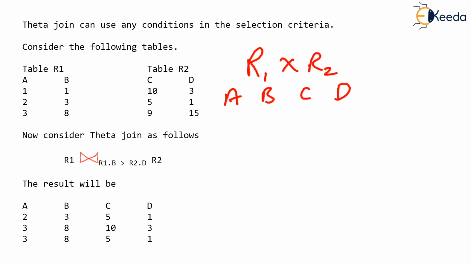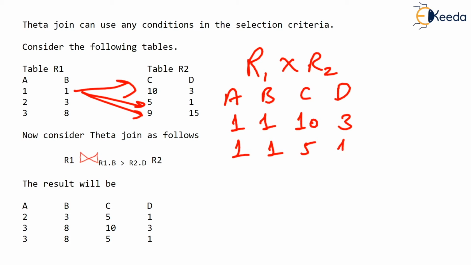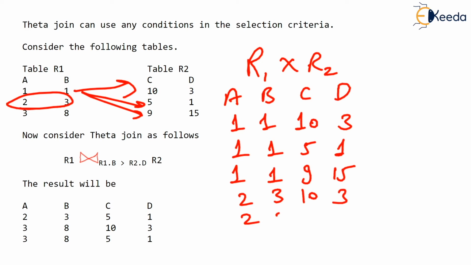I am just writing A, B, C, D. This is the result of R1 cross R2, where we get 1, 1, 10, 3 joined here, and here. So 1, 1, 5, 1, then 1, 1, 9, 15. Similarly, this row of R1 will be joined with all other rows. So it will be 2, 3, 10, 3, 2, 3, 5, 1, 2, 3, 9, 15.